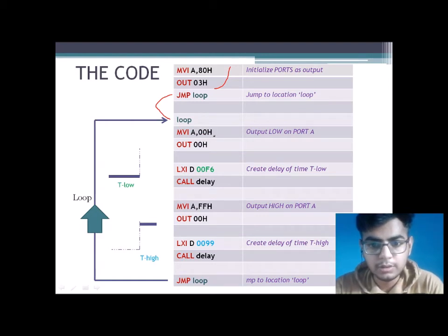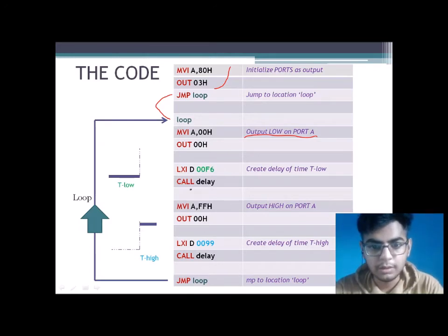MVI A, 00H. So this puts 00 into the accumulator, and this byte is outputted to the 8255 chip, so that makes the output low on port A. Now we come to how we put delay into our output.